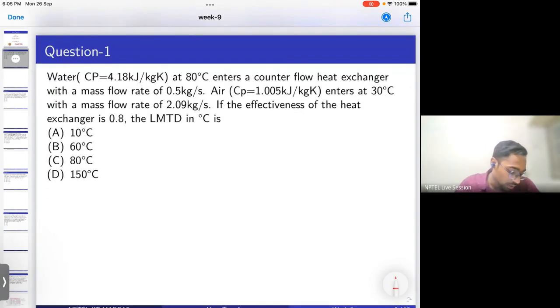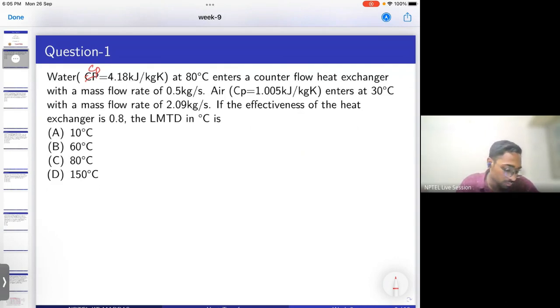In this question, water, with its Cp, that is specific heat, given, enters a counterflow heat exchanger at 80 degrees Celsius with a mass flow rate of 0.5 kilogram per second. Air enters at 30 degrees Celsius with a mass flow rate of 2.09 kilogram per second.